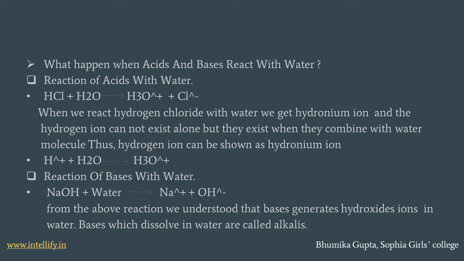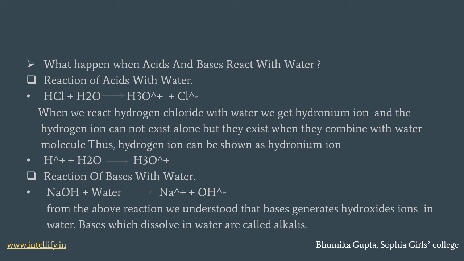Now we will discuss what happens when acids and bases react with water. First we will discuss the reaction of acids with water. Let's take an example reaction. When we react HCl with water, we get hydronium ion, that is H3O plus, and Cl minus ion.